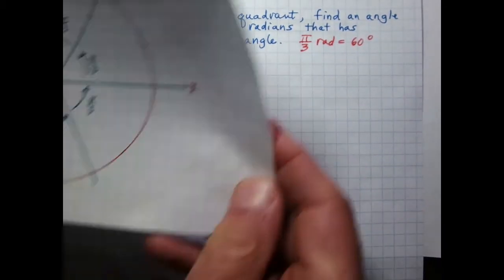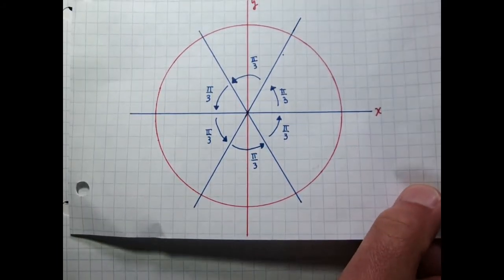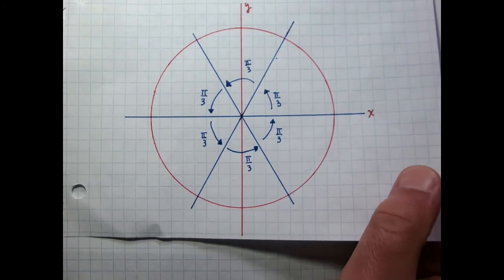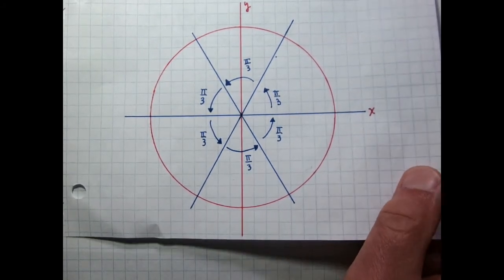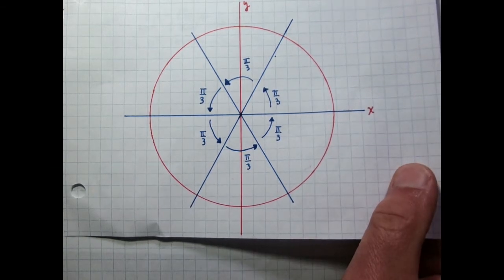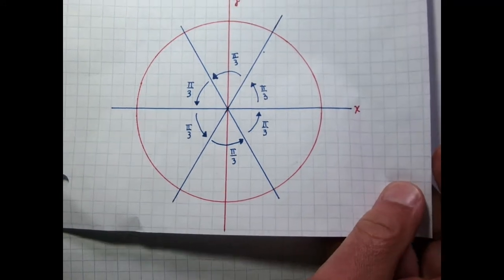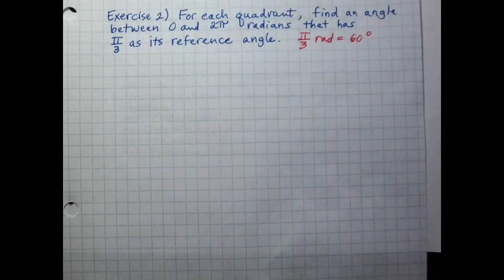And so we have this way of thinking of 360, or 2 pi radians, chopped into pi over 3 pieces, right? We get 6 pieces of the pizza here, each 60 degrees, or in terms of radians, pi over 3.